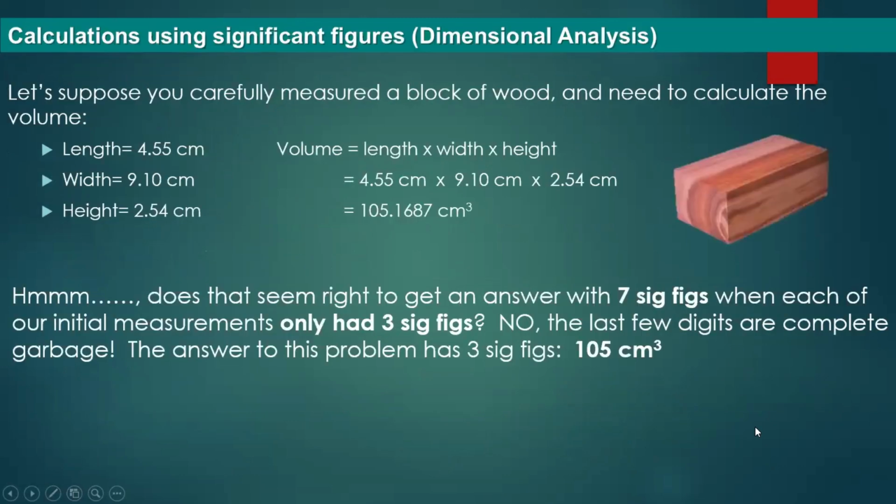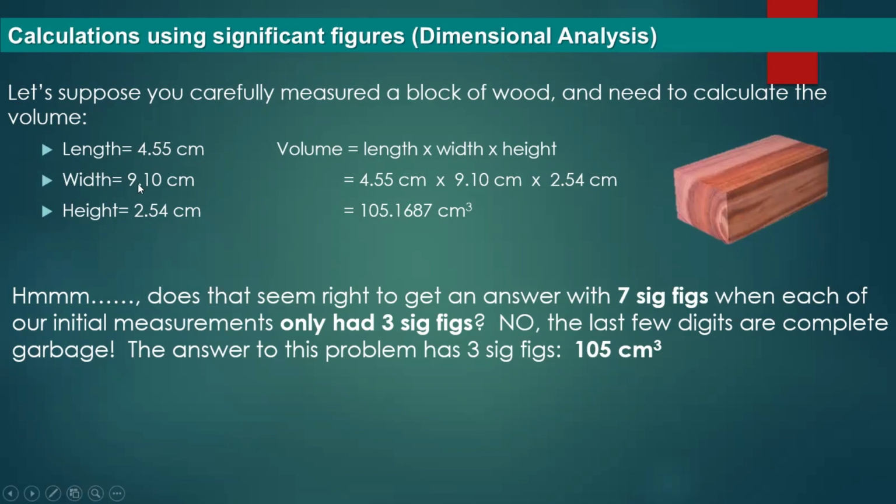All right. Now, dimensional analysis is calculating using significant figures. So let's suppose that we're supposed to find the volume of this block of wood. So length times width times height. We've got the length is 4.55 centimeters.